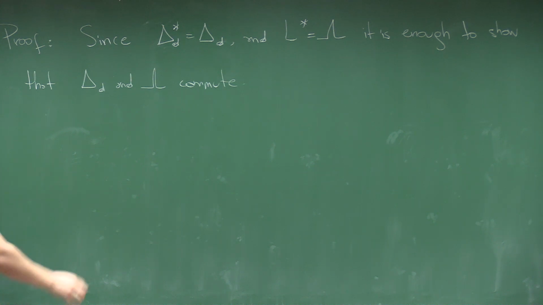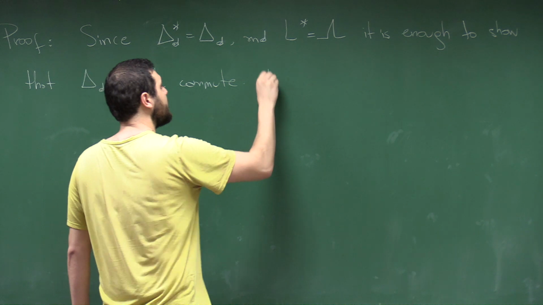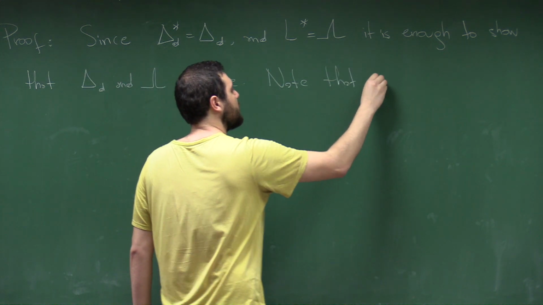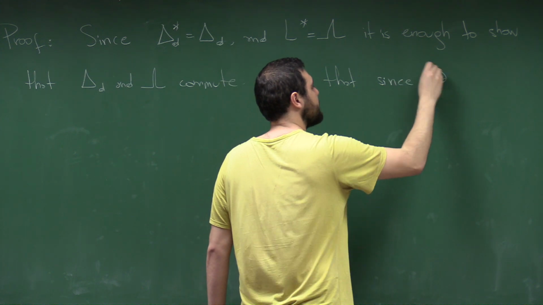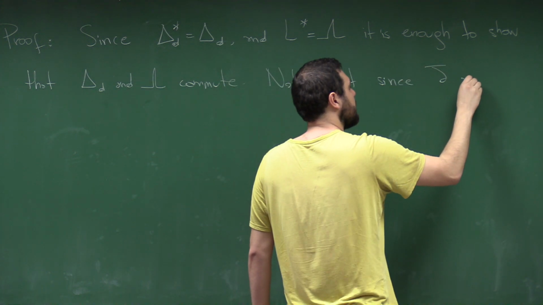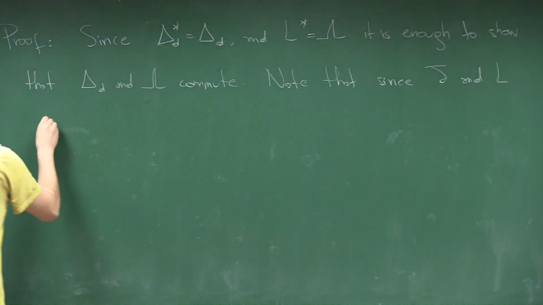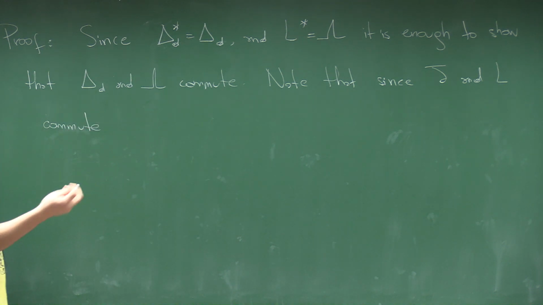Now we have to compute the commutator of this guy, and note that since the partial bar and the Lefschetz operator commute, this is because the omega, the one form associated to the Kähler metric, is delta bar closed, right?